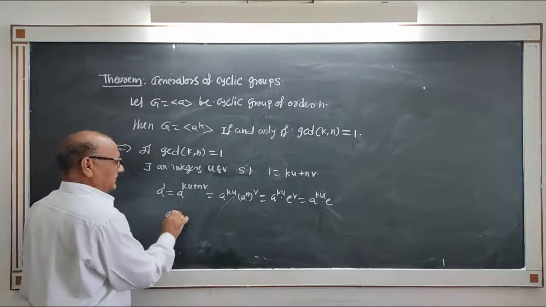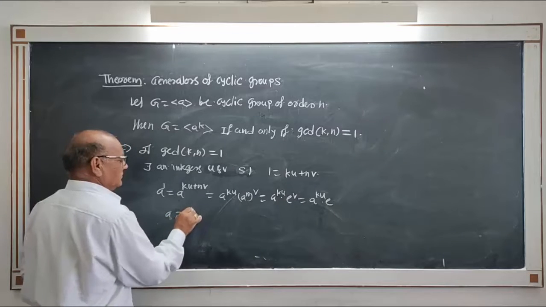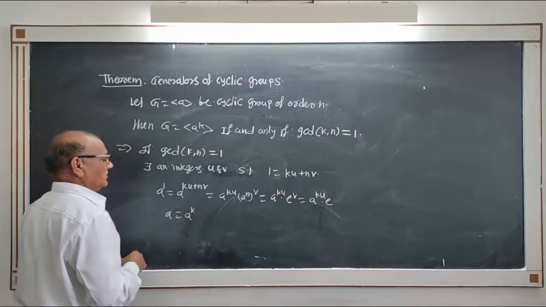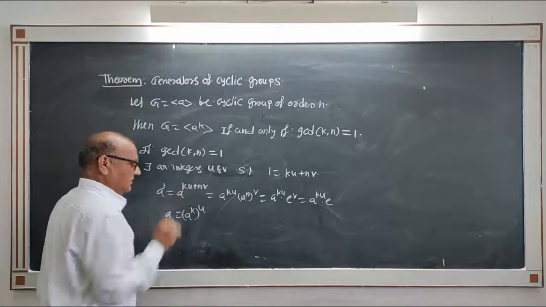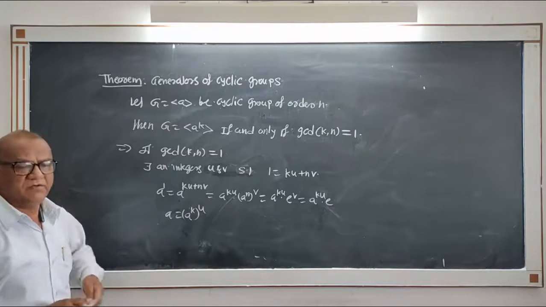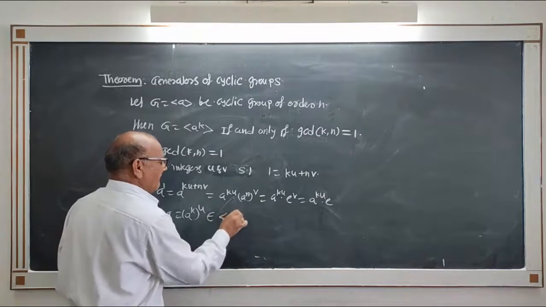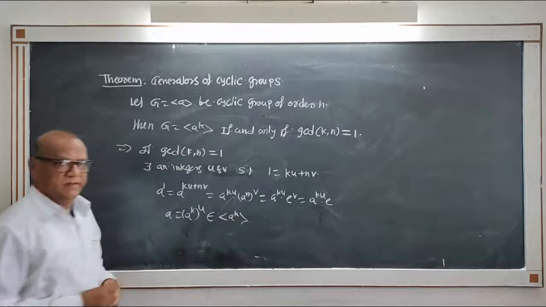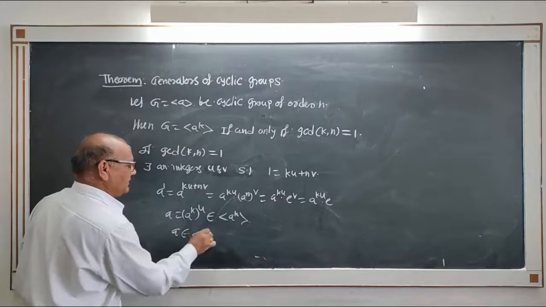Here a is equal to a raised to ku, which can be written as a raised to k to the power u, and this belongs to a raised to k.